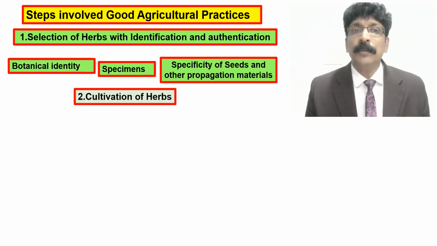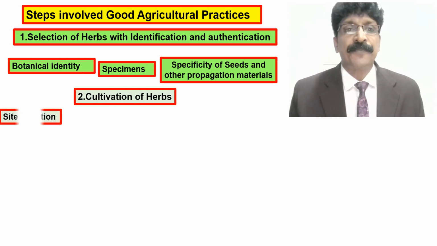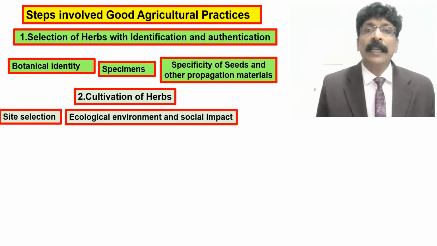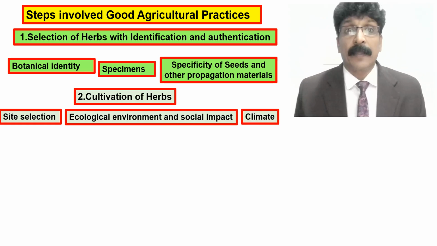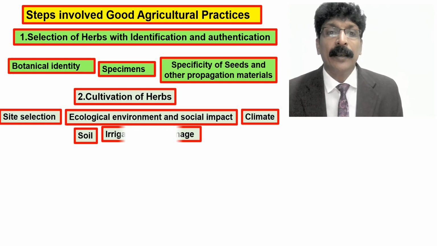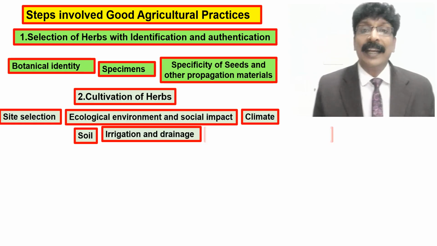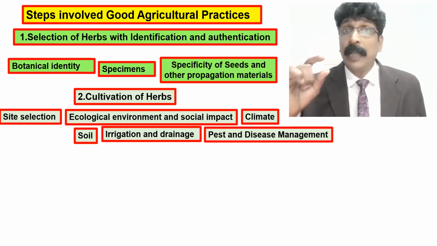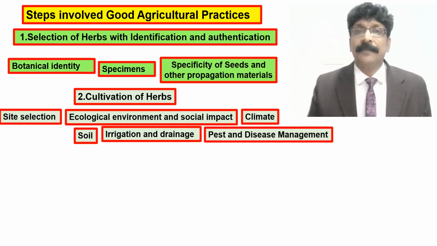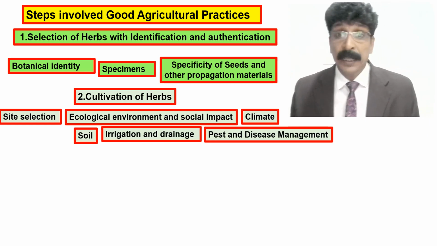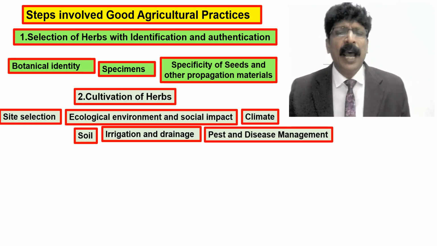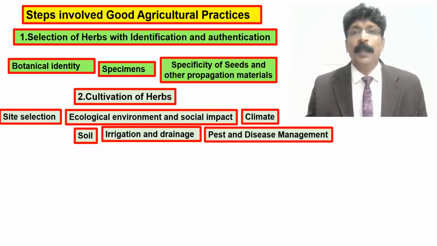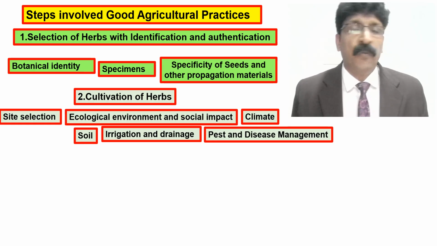Number 2, cultivation of herbs: site selection, ecological environment and social impact, climate, soil, irrigation and drainage, pest and disease management, which I did not add in the last class in this slide. Students have to note pest and disease management; we have natural pesticides as a separate chapter, not a separate topic. I will be explaining it in lecture number 4 or maybe 5.